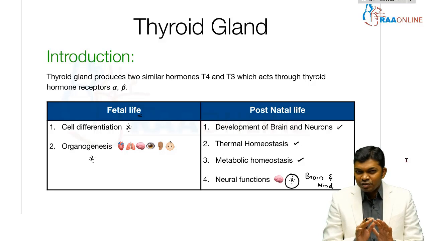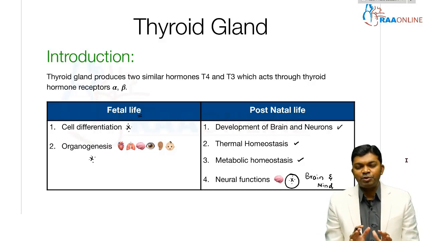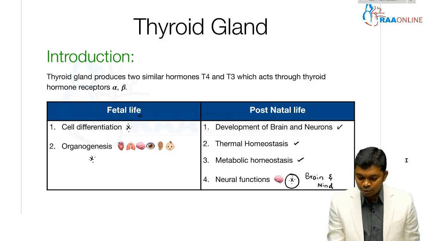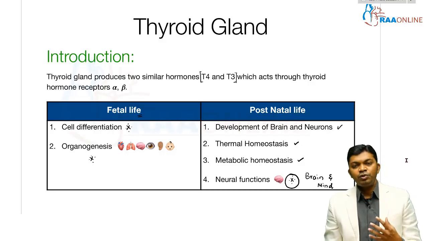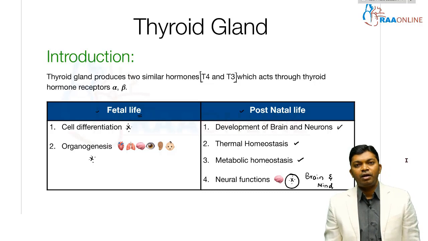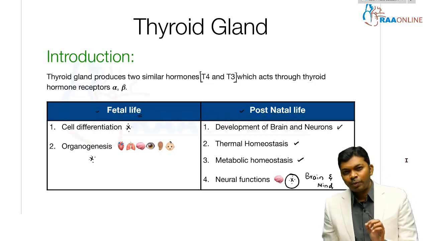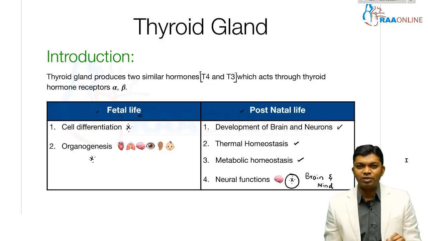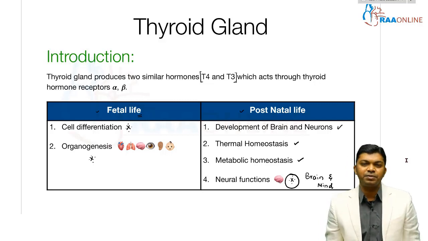Now, this is the basic you need to know when it comes to thyroid hormones. Thyroid gland, in another way, produces two hormones, primarily T3 and T4, and these two hormones have their own effect on fetal life as well as in postnatal life. Now, let's have a quick look at the receptor through which the thyroid hormone exerts its function.